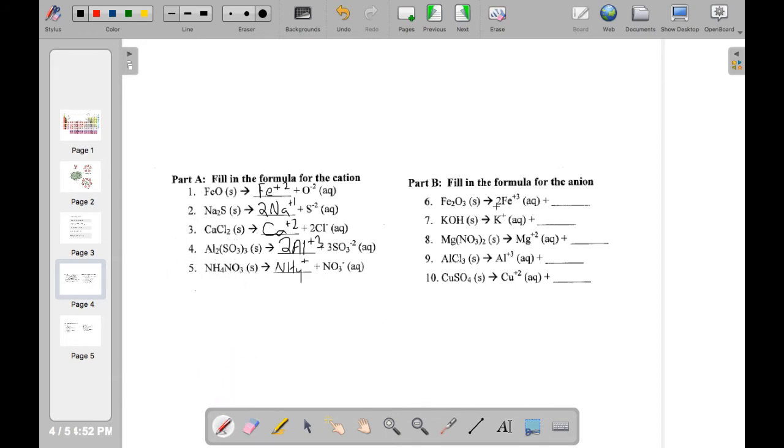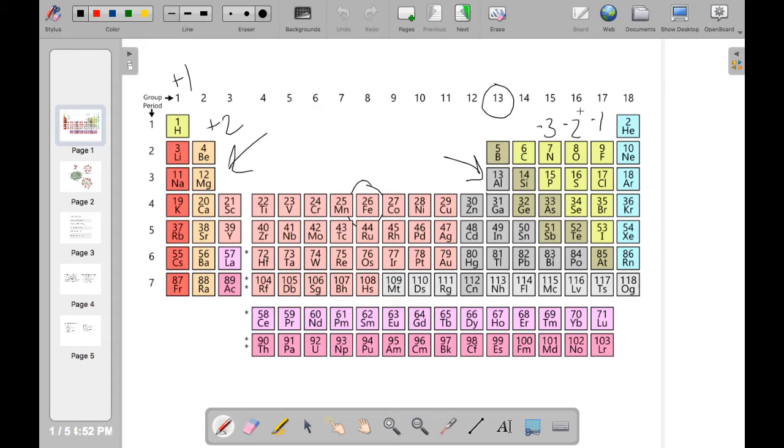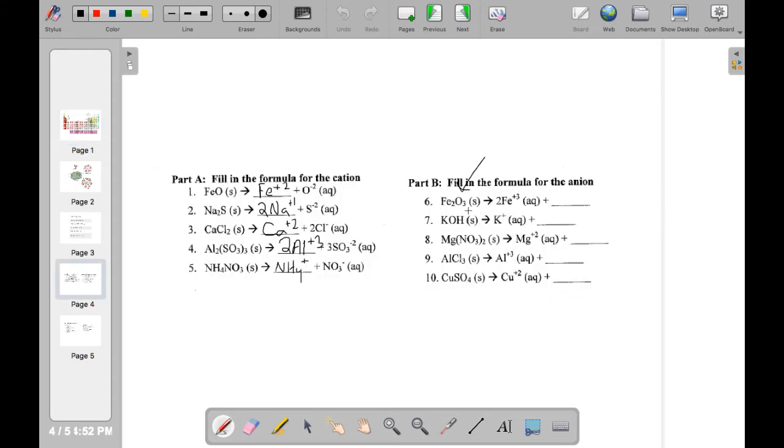Okay. Oxygens. Yet again, periodic table is your friend. Minus 2. Minus 2. But guess what? How many of them do I have? Take that 3. Just put it there. O. 2 minus.